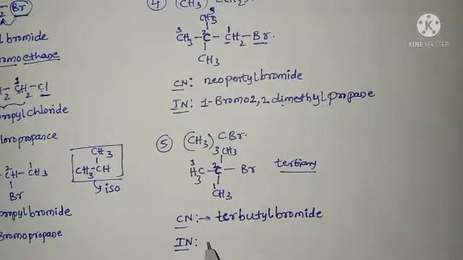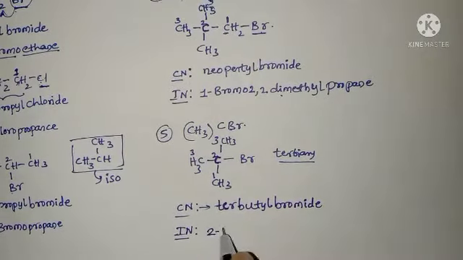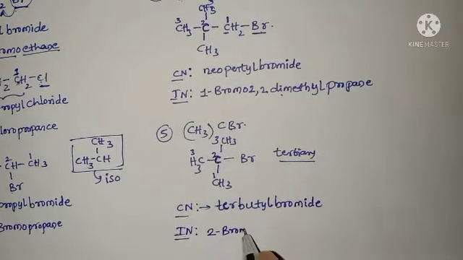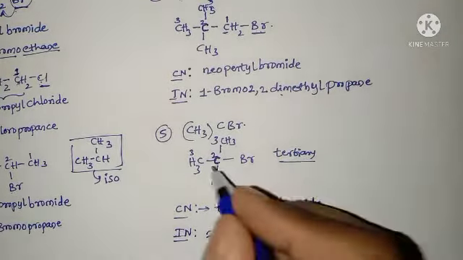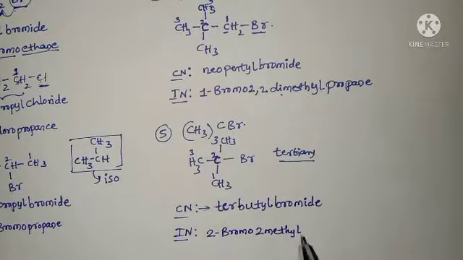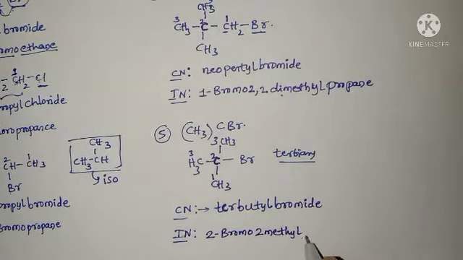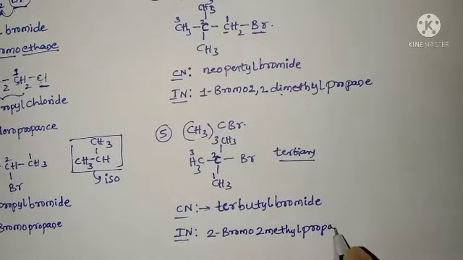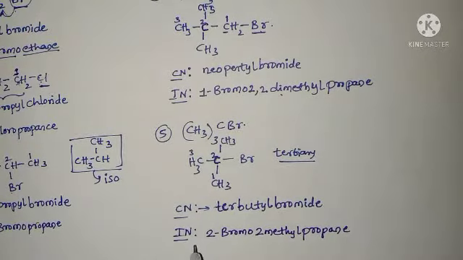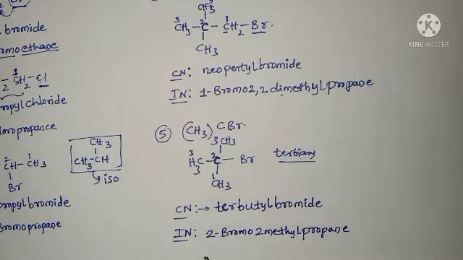So in the IUPAC name, first we name the bromine group, that is the halogen atom, and then the alkyl group, that is 2-bromo, and then 2-methyl. 3 carbon atoms are there, that is propane. So this is the IUPAC name of this haloalkane, 2-bromo-2-methylpropane.